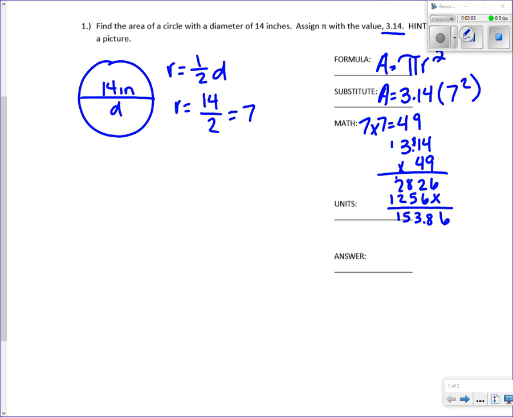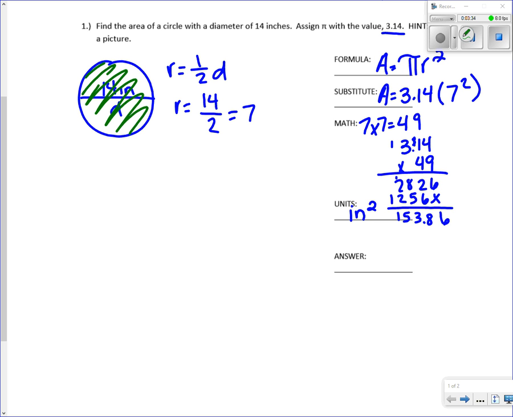Now in area, it is very important: your units are always going to be squared. So in this case, I'm going to have inches squared. The reason your units are squared is because in area, you are talking about shading something in. It's harder to understand with a circle, but in a square, you would do side times side.